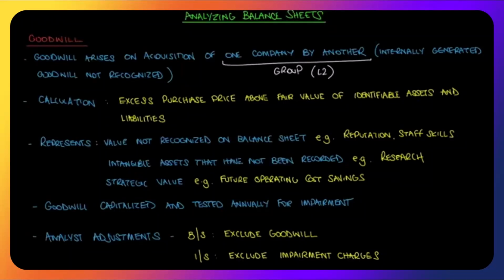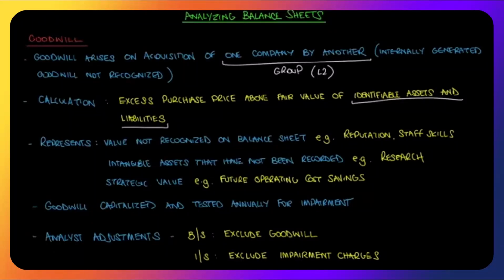What does the accounting standard say? You calculate goodwill as the excess purchase price above fair value of identifiable assets and liabilities. There's a big exercise to do here when an acquisition happens. The first one is to make sure you've captured every identifiable asset and liability in the target company's balance sheet.